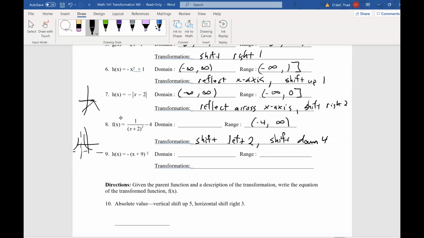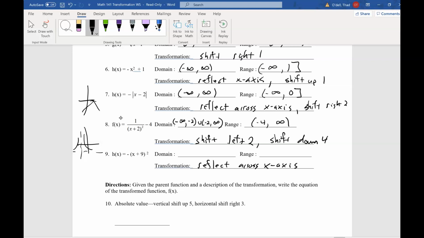Okay. The domain is going to be almost all real numbers, except you'll be missing negative 2. So we do it like this. And then finally h, negative on the outside, so that reflects across the x-axis.